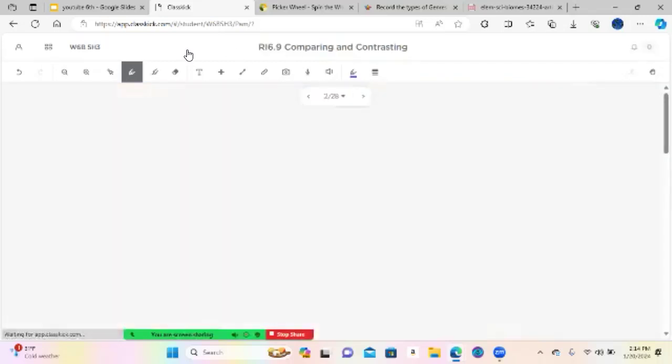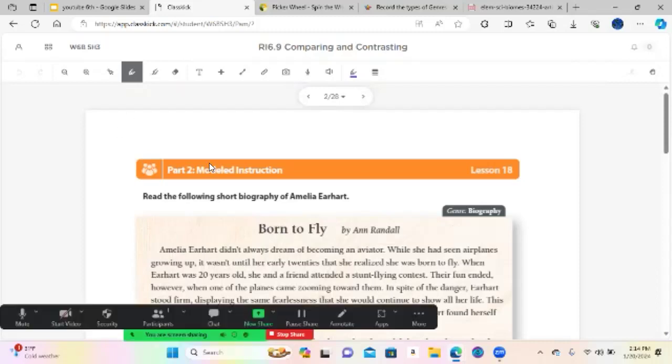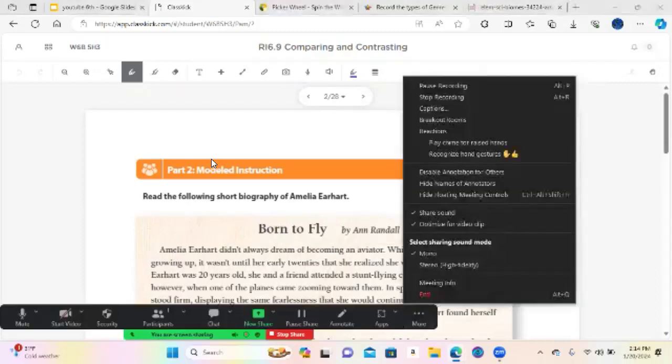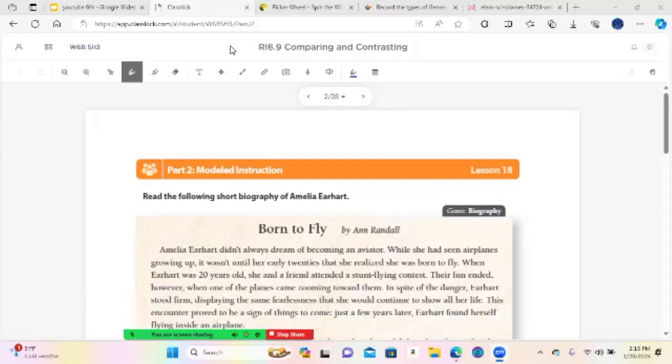All right, so let's continue with our lesson, and we're going to read the following short biography of Amelia Earhart. It's called Born to Fly by Anna Randolph. So Amelia Earhart, she was an aviator or pilot.